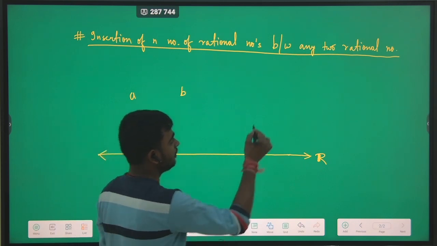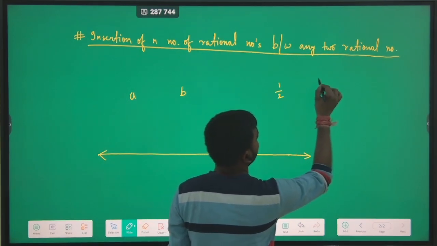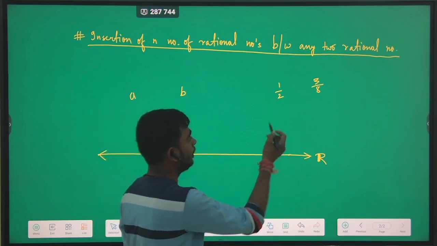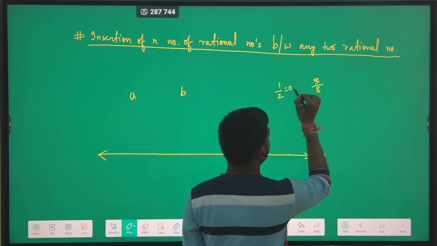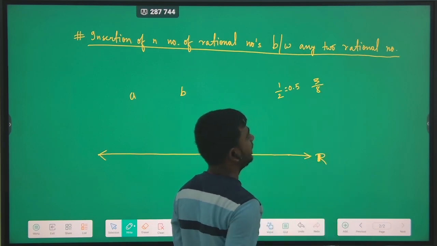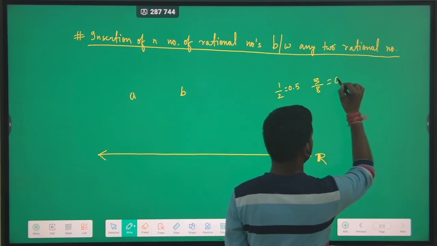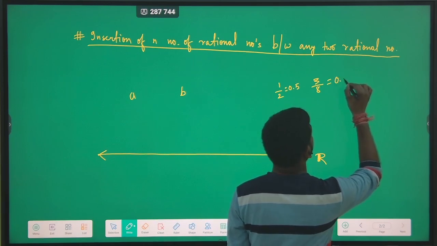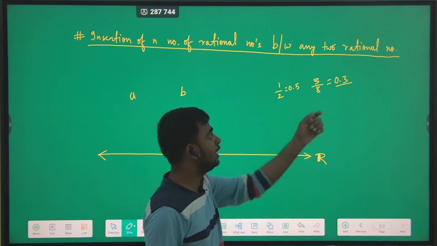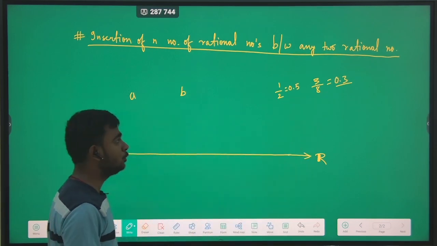Let us suppose that the value of A is 1 by 2 and the value of B is 3 upon 8. So first of all, we will find out the value of A, it will be 0.5. We will find out the value of B, it will be 0.3 something. So which one is smaller? 3 by 8, and which one is greater? 1 by 2.